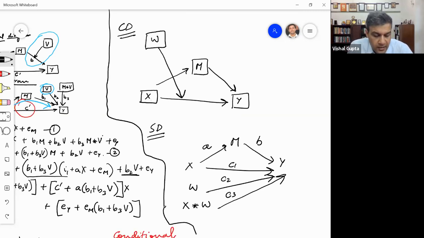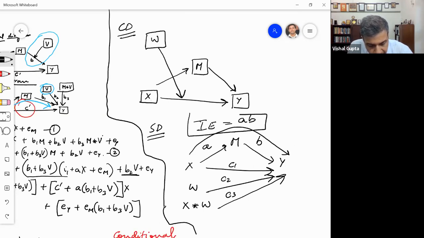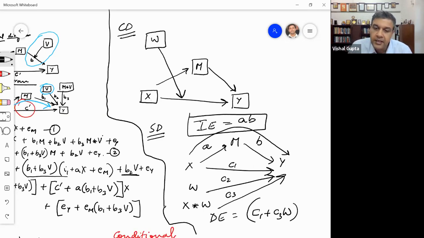But here the indirect effect will be only a times b. You will have a conditional direct effect, and you can write down the equation and verify, this will be c1 plus c3W. This will be the theta X to Y conditional upon W, but you will not have a conditional indirect effect, and therefore this will not be an example of moderated mediation.